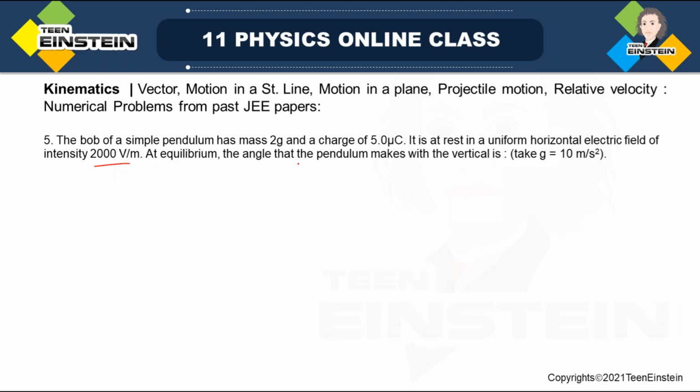At equilibrium, what angle does the pendulum make with the vertical? I have forgotten to write the options, let me write these options.